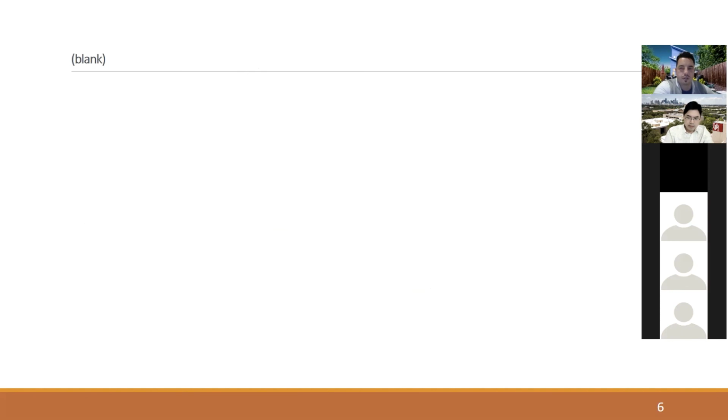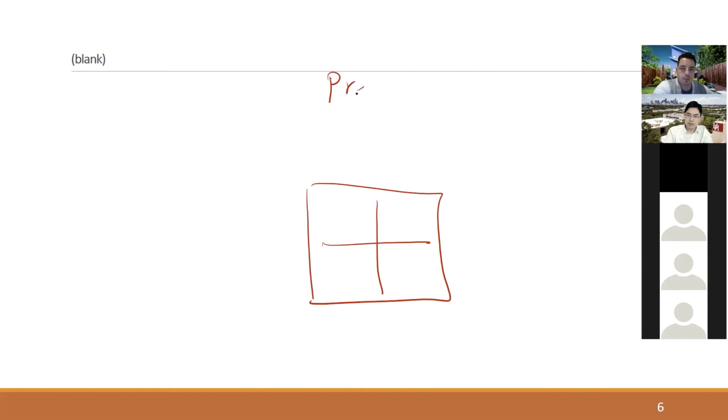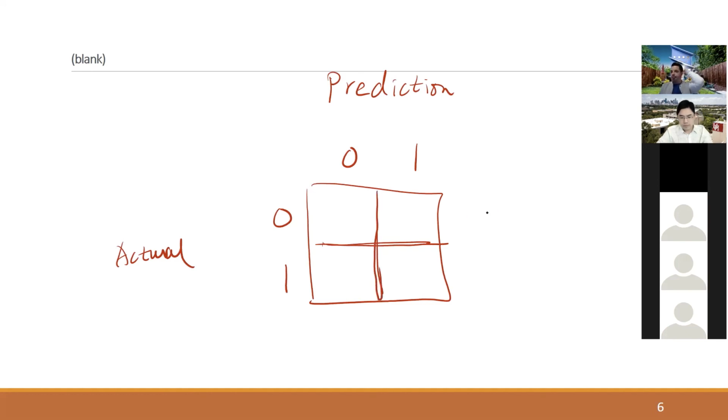Sometimes you see other layouts of the table without you realizing it, and here is one example. We have predictions on the top, the same, and we have actual on the left, but we have 0 and 1: 0 on the left or on the top, 1 at the bottom.